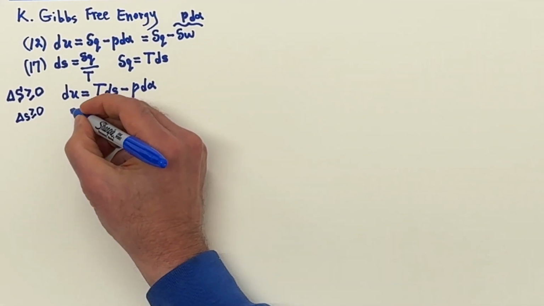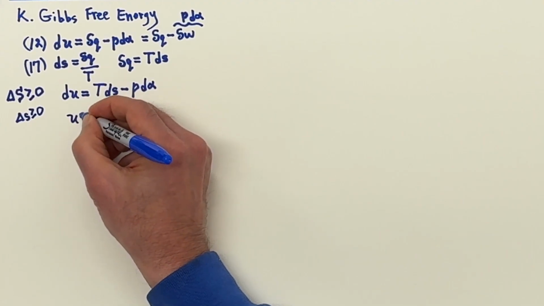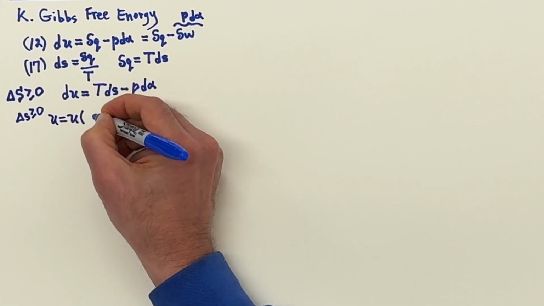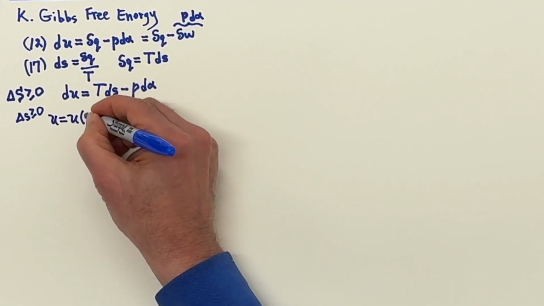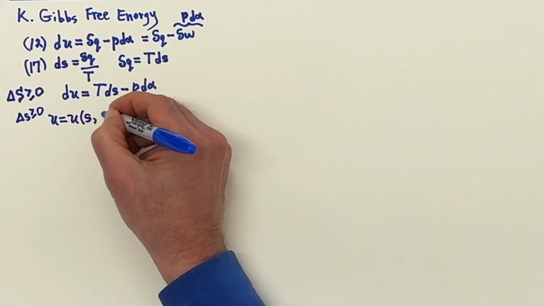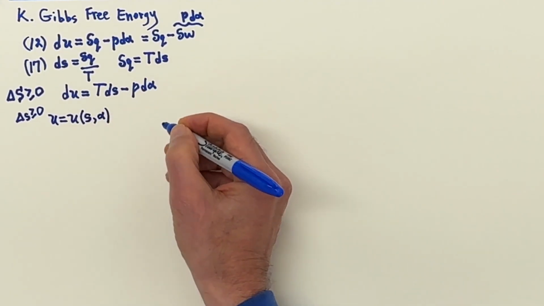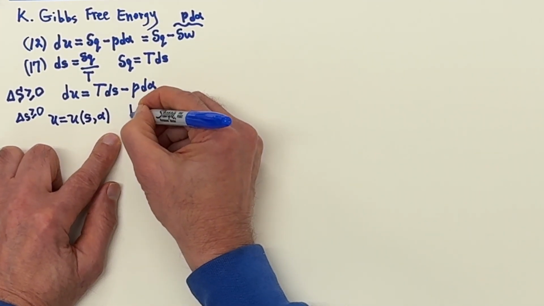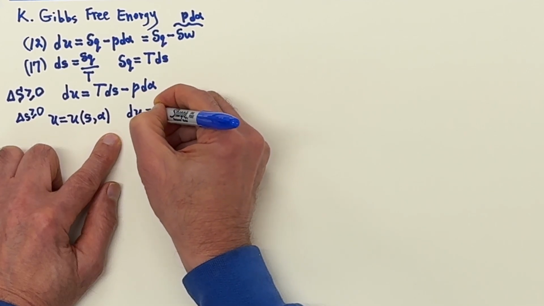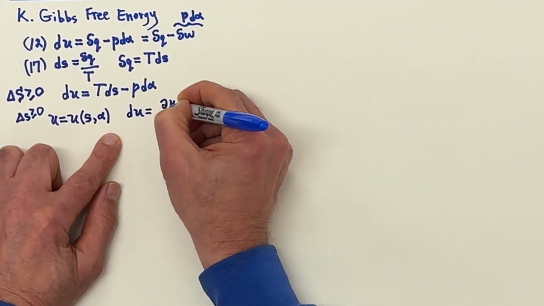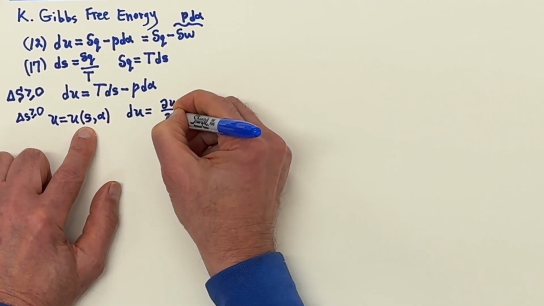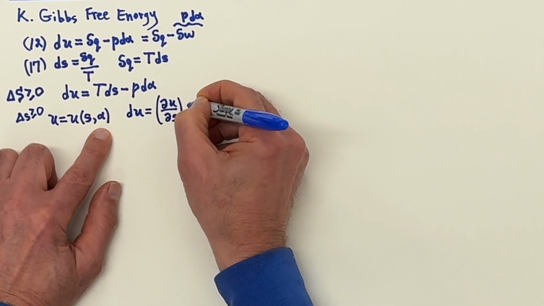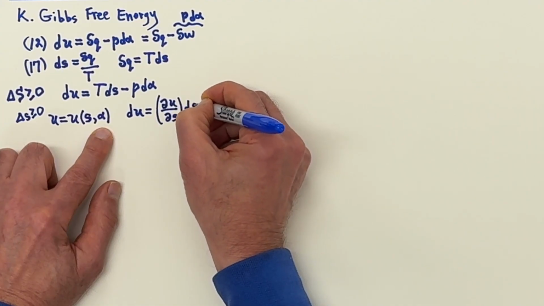Now we can consider this energy function as a function, I'll say u equals, and then emphasize, as a function of the entropy, specific entropy, and the specific volume. And now let's use laws of calculus to take the differential du. We would take the partial of u with respect to the first variable, s, holding the second variable constant, and then write ds.